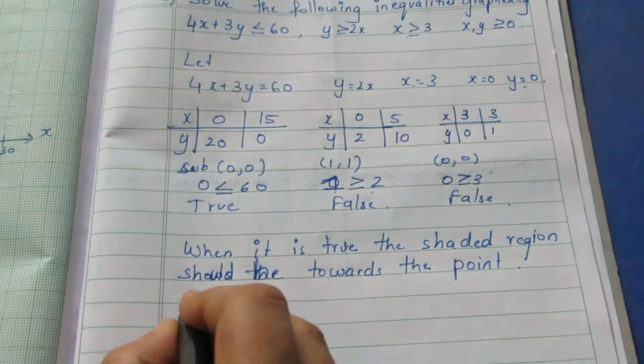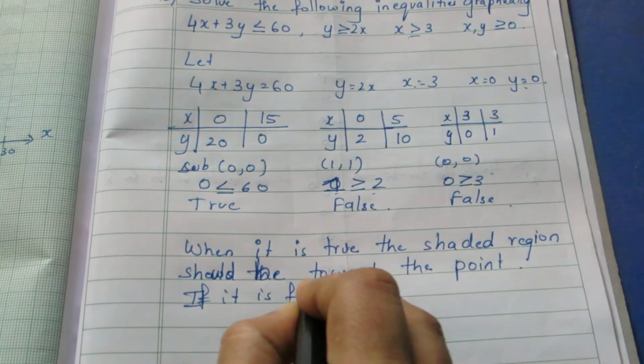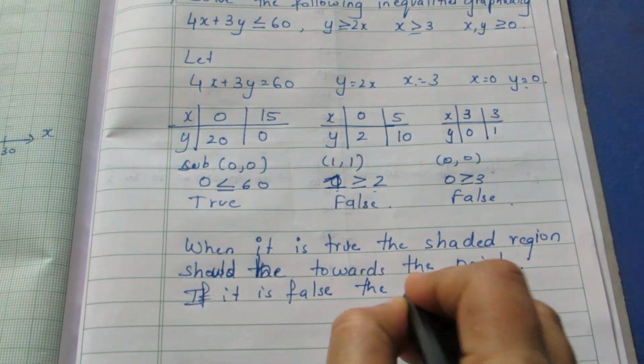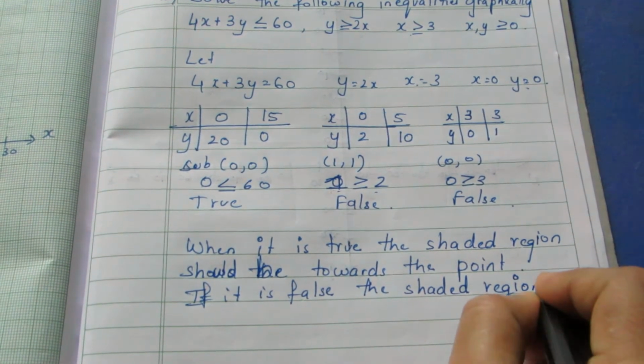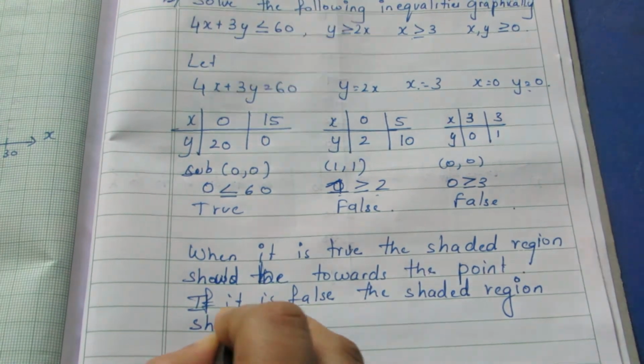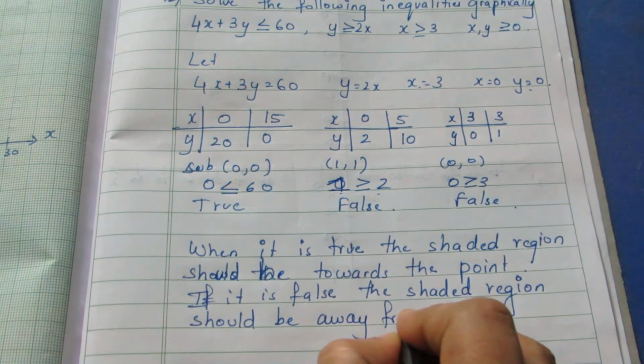If it is false, the shaded region should be away from the point.